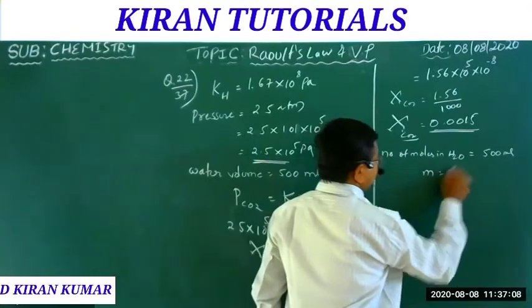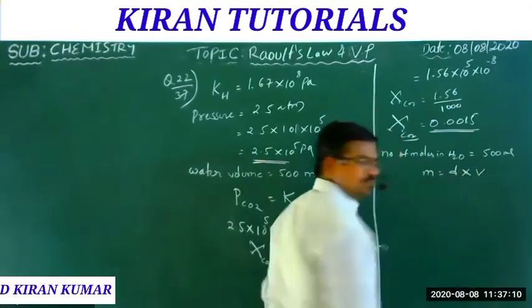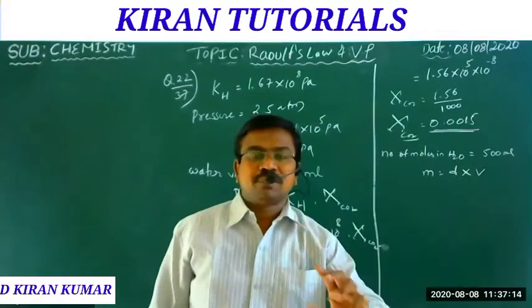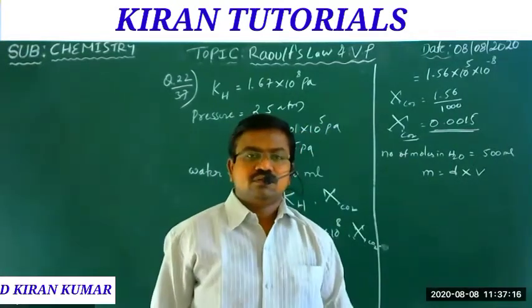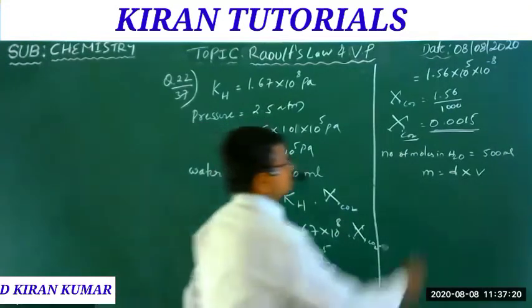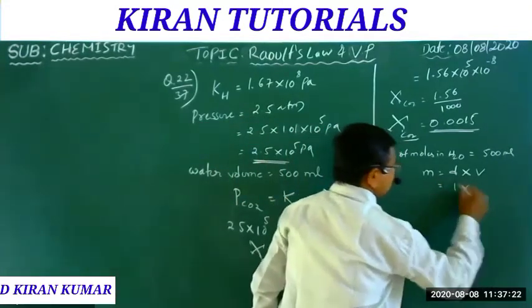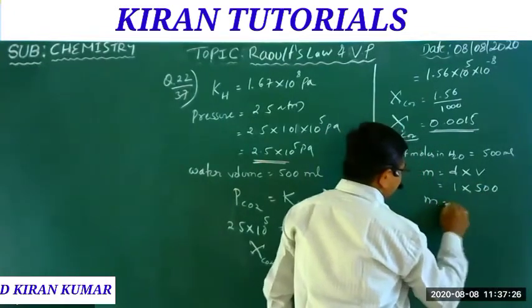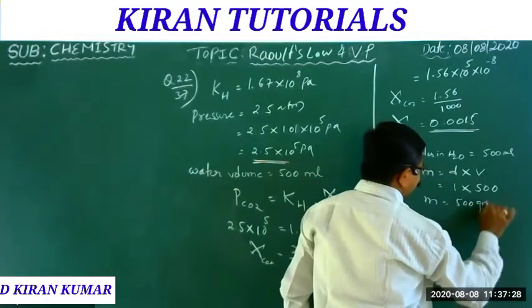So mass equals density into volume. First we have to calculate the mass, because weight by molecular weight is the formula to find the number of moles in water. So density you know is 1, volume 500, so it equals 500 grams.